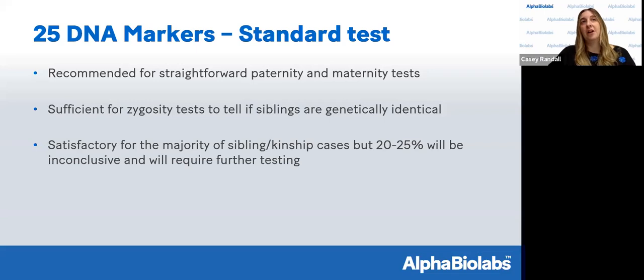If you ever have a scenario where you need to determine whether twins, triplets, higher order multiples are genetically identical or whether they're non-identical, 25 markers is suitable for that. And we do use 25 markers, and the majority of sibling and kinship cases will get a result, but 20 to 25% of them will be inconclusive and will require further testing to be able to provide a result.